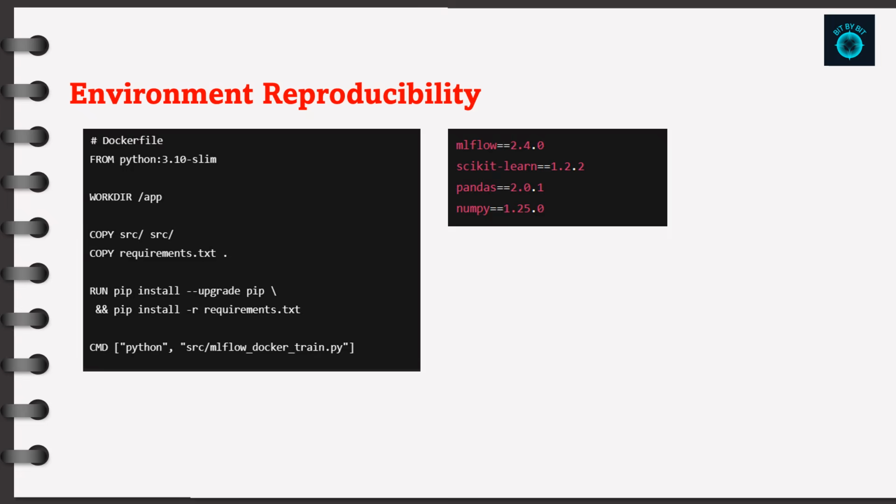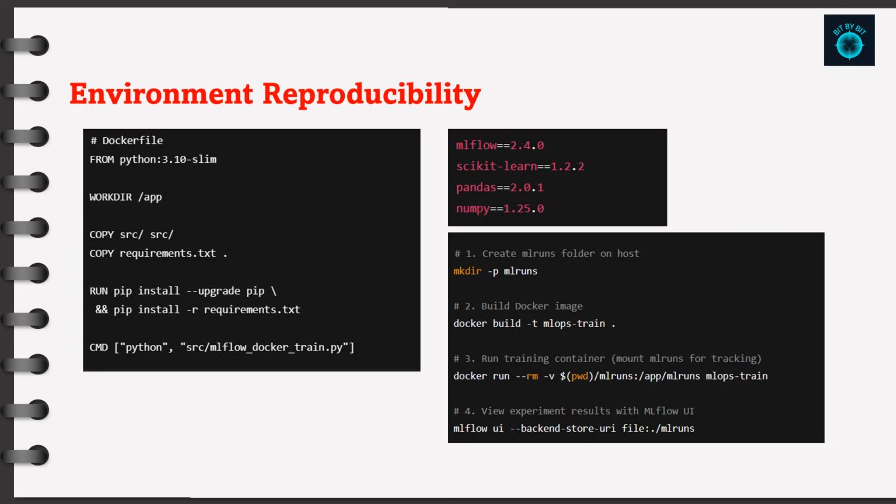For example, we specify MLflow version 2.4.0, sklearn version 1.2.2, pandas version 2.0.1, and numpy version 1.25.0. Pinning versions like this is critical. It ensures that the training environment today will be identical to the one your teammate or CI system uses tomorrow.